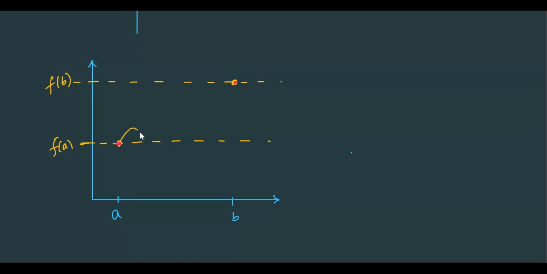Now, no matter what trajectory I go, I may go outside of this, but we can see all the intermediate values between f of a and f of b. All these values are taken by the function. That is the intermediate value theorem.